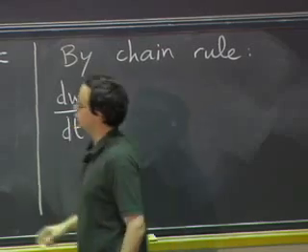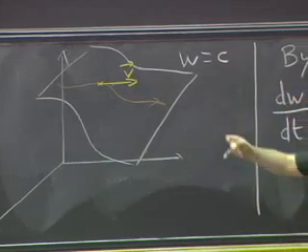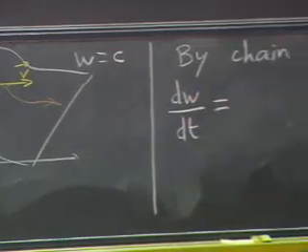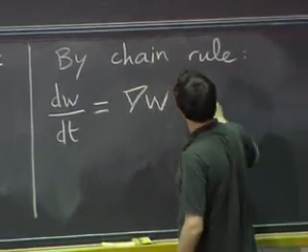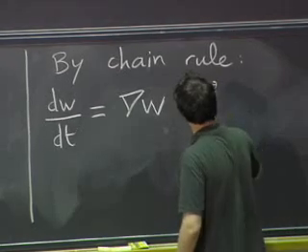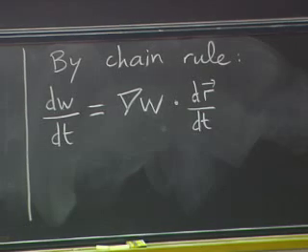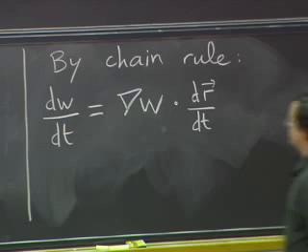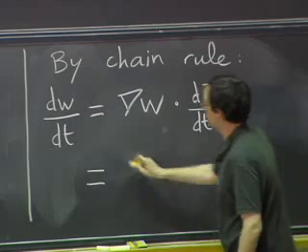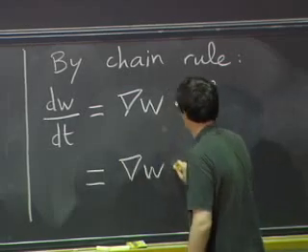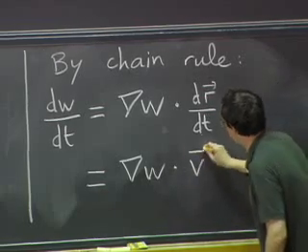So the rate of change of the value of W as I move along this curve is given by the dot product between the gradient and the velocity vector. So maybe I can rewrite it as del W dot v.